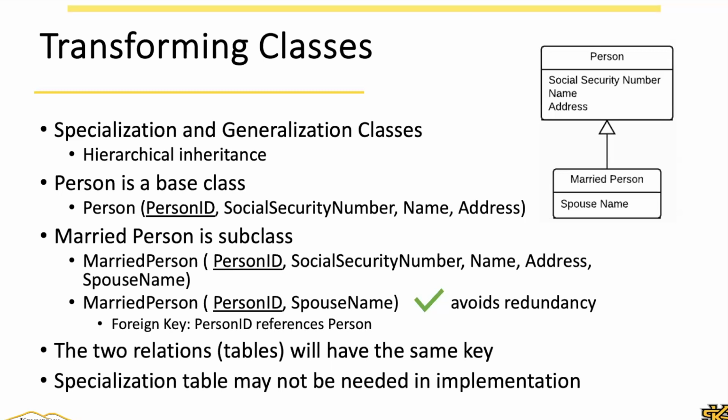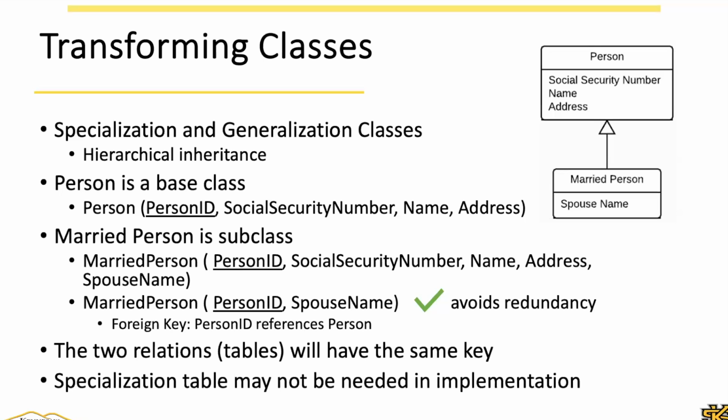Now let's discuss how to transform a specialization, generalization, or superclass-subclass relationship into a relational schema. So first start with the superclass. This will be the base class. For example, person. You would create a table for person with person ID as the primary key and convert the class attributes into table attributes.